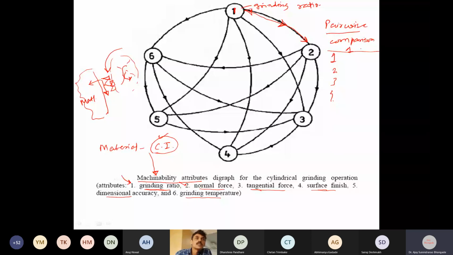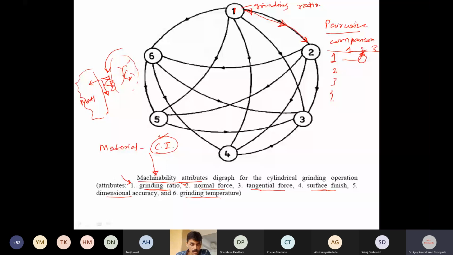We can quantify it, or say one is more important than two by some factor, or one is double as important as two, or three times as important as two, or something like that. This has to be worked out, or taken from the judgment of the problem owner or the decision maker.